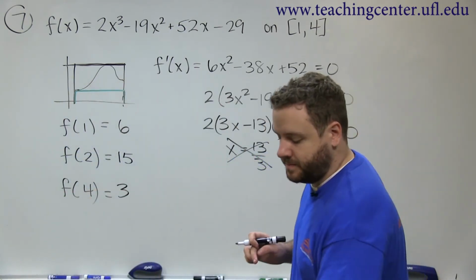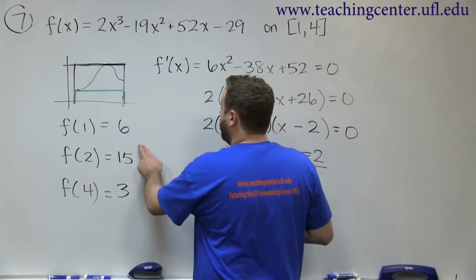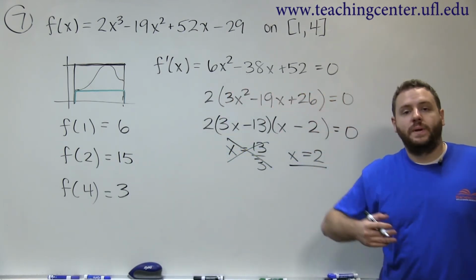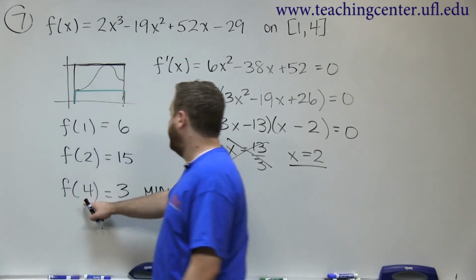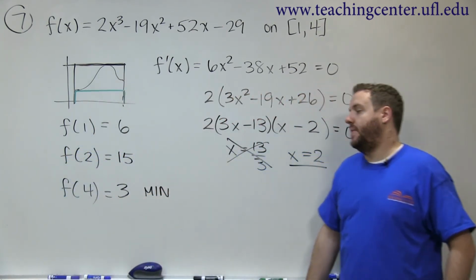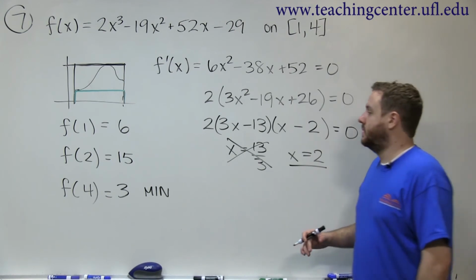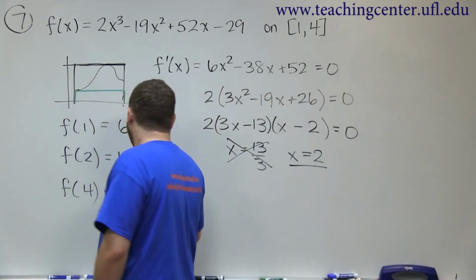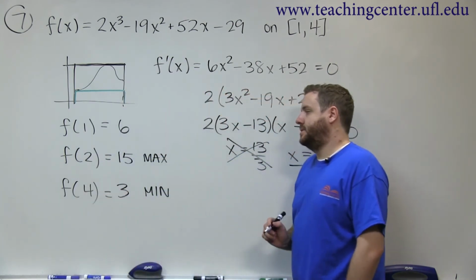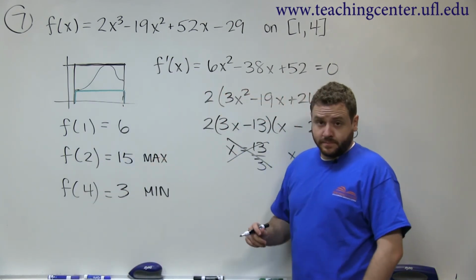So those are our values, our y values. So you can see here, we get an absolute minimum when x equals 4, and that minimum is y equals 3. And we get a maximum when x equals 2, which is a y of 15.